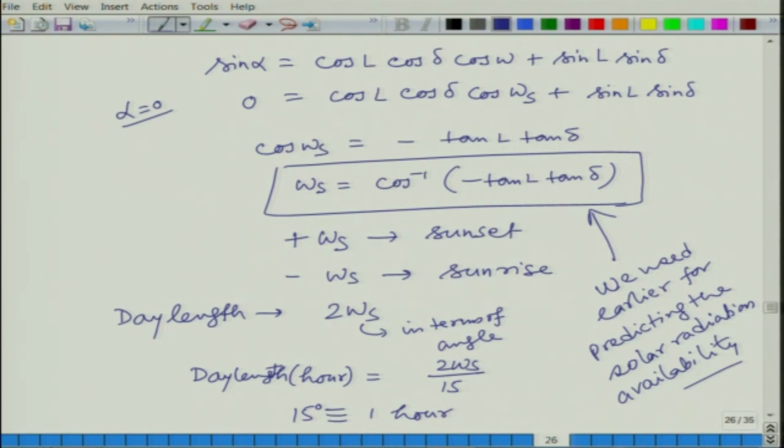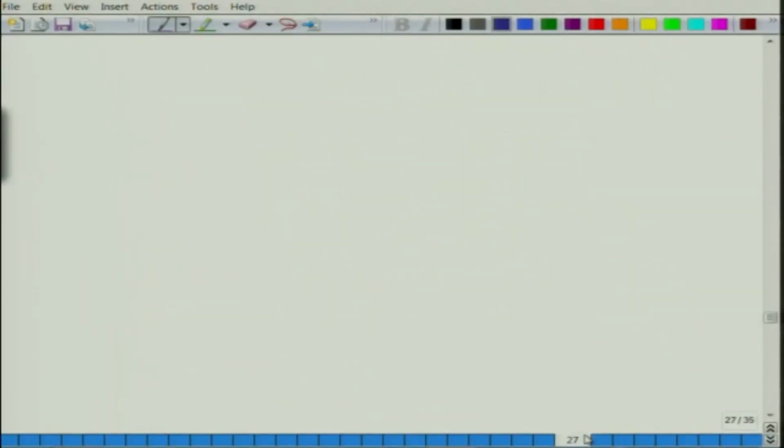When we combine these two reference frames, one centered at the observer, the other centered at the center of the earth, we obtain the interrelationship and we derive these equations. Okay.